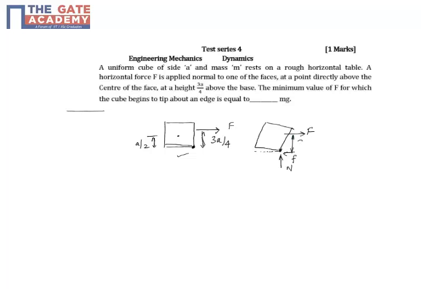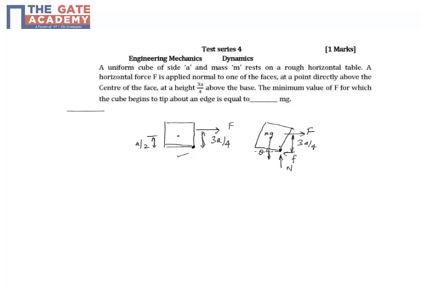It is just 3a by 4 and mg. So you can just consider this block as a regular block. Only thing is I have drawn this inclination as theta, but you can just consider theta to be greater than 0. At that point of time you will have everything just like the left figure, but just for explanation I have drawn that it's a point contact.